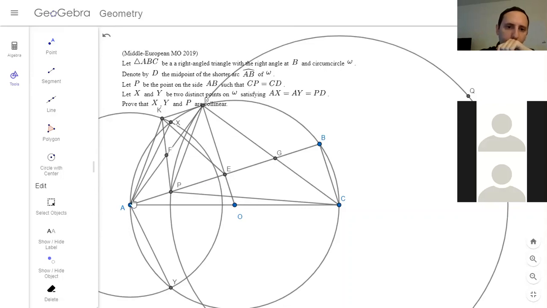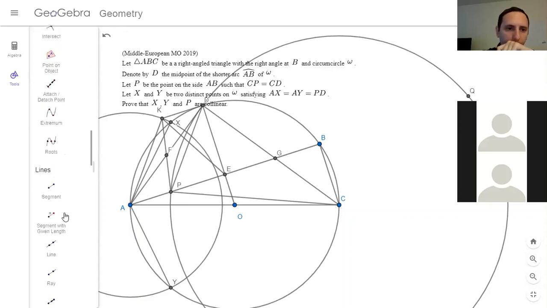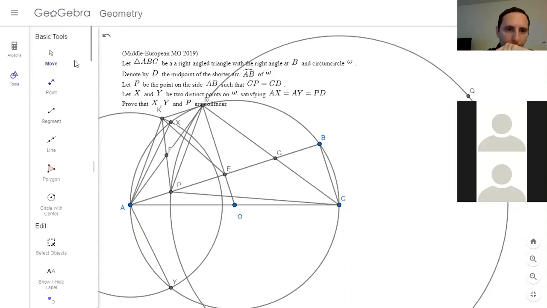Hold on a sec. So we know ADP is tangent. We know that AD is tangent. Yeah, we don't really need points X and Y, right? We just need to show that the powers are the same, right?